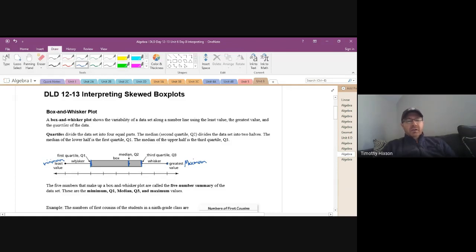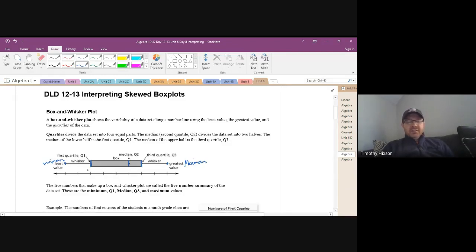These five values make up our five number summary. And as we saw yesterday, the interquartile range, between the first quartile and the third quartile, is what we use to help us determine if there are any outliers.